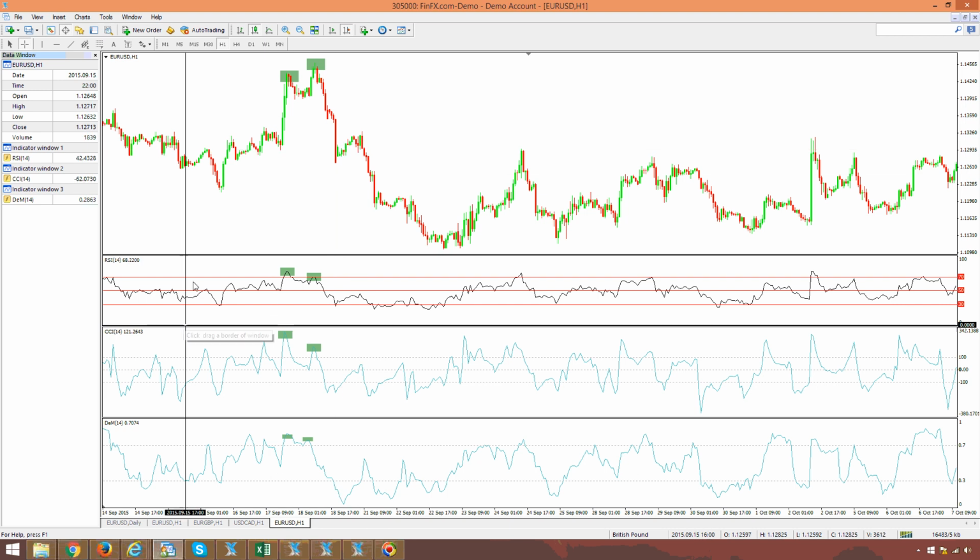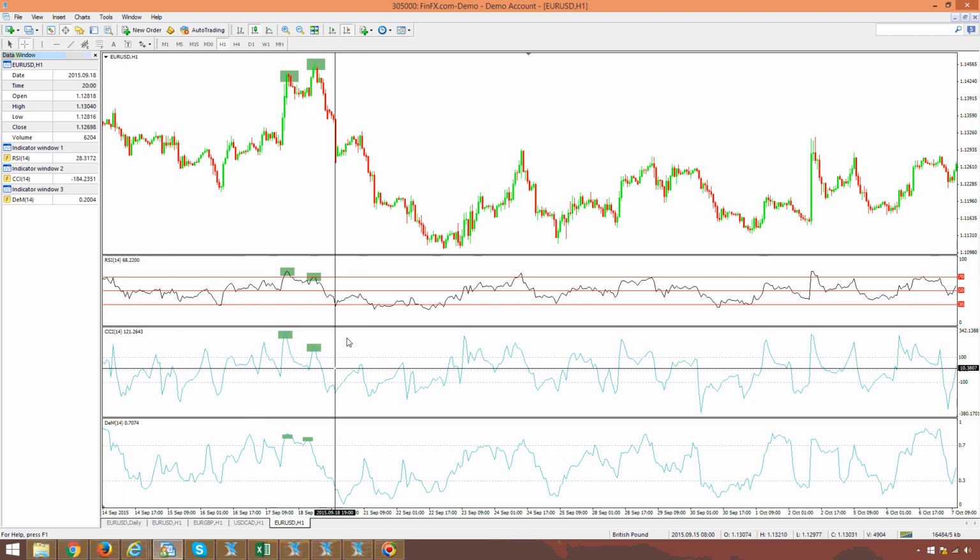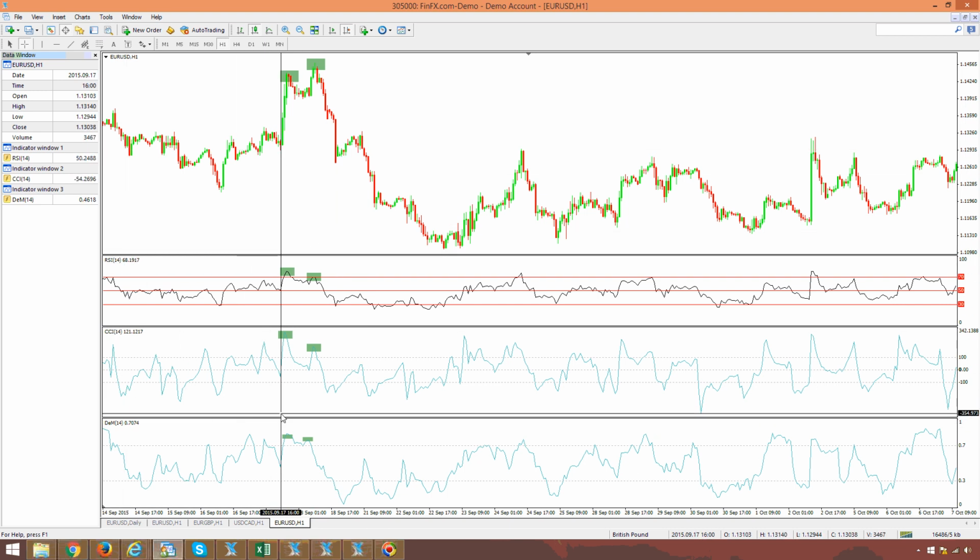Because keep in mind that all of these oscillators are showing values based on the previous 14 candles.